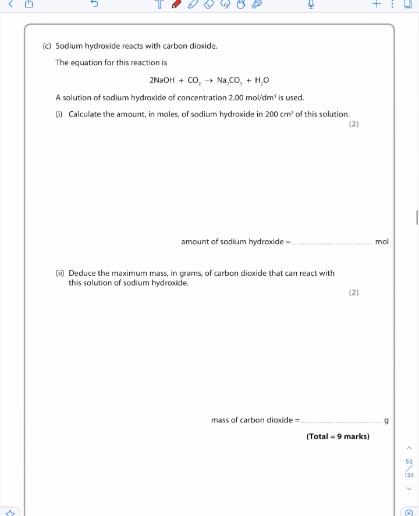Question C. Sodium hydroxide reacts with carbon dioxide. The equation for this reaction is 2 moles of sodium hydroxide react with 1 mole of carbon dioxide to form 1 mole of sodium carbonate and 1 mole of water. A solution of sodium hydroxide of concentration 2 mole per cubic decimeter is used. Calculate the amount in moles of sodium hydroxide in 200 cubic centimeter. يبقى أنا هنشتغل بقانون concentration.